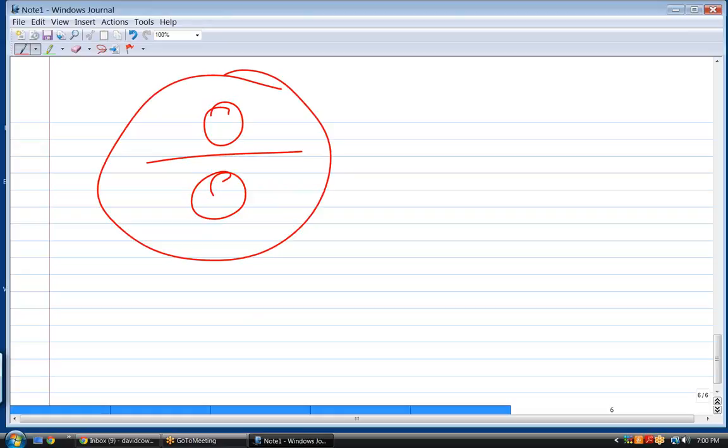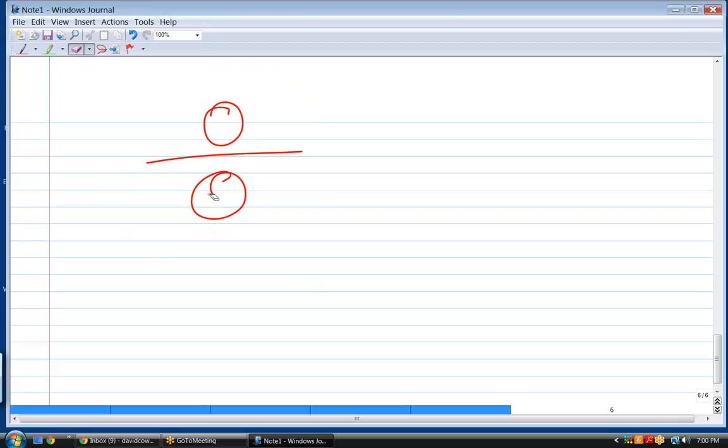It can be 2. It can be 7. It could be infinity. We have no idea. It's called an indeterminate. So when you do direct substitution and you get 0 over 0, you can't go any further until you either factor or somehow manipulate it so you no longer get 0 over 0.